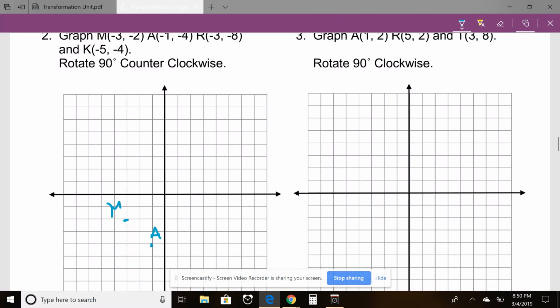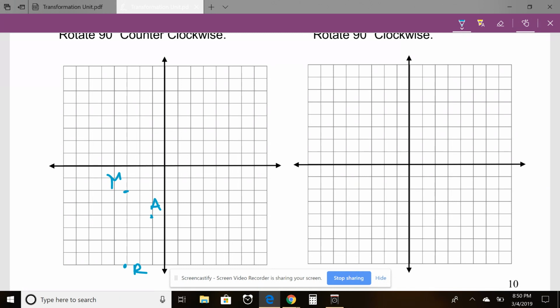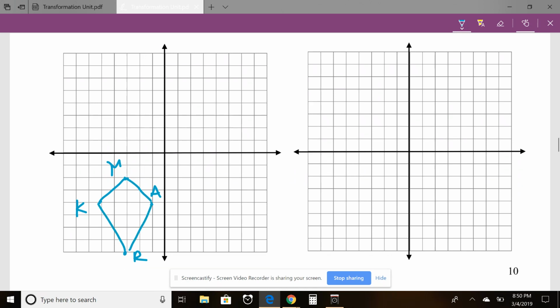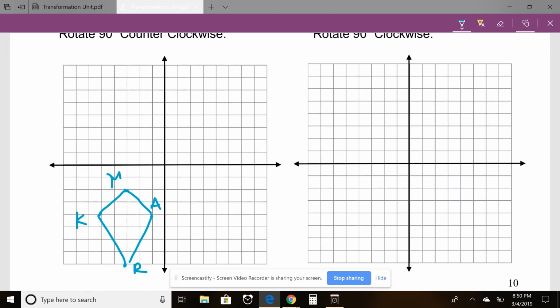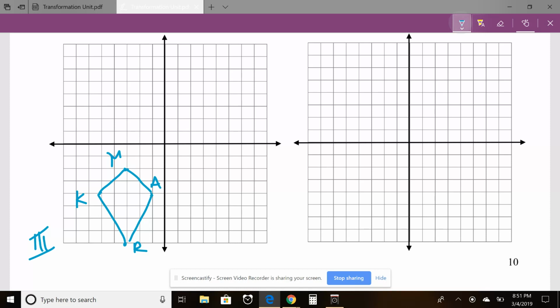And K is (-5, -4). It's like a nice kite here. So 90 degrees counterclockwise. Being that it's in the third quadrant here, I'm going to rotate it 90 degrees. So it's going to end up in the fourth quadrant.